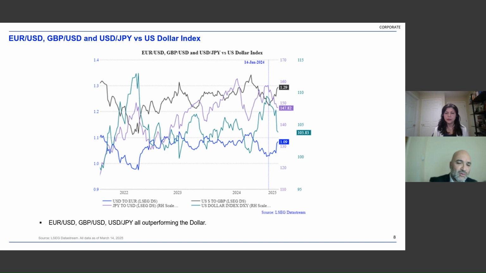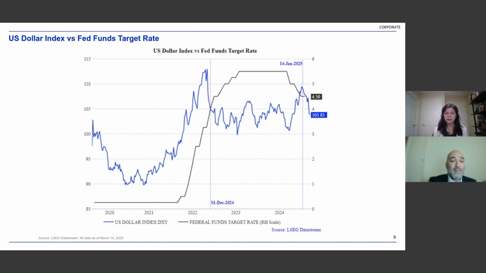But I think there is also a story there that has to do with people's perceptions around the dollar, and what we see leading up to 2020, 21, 22, the start of 22, is always that the dollar index followed the US Fed funds target rate, right?